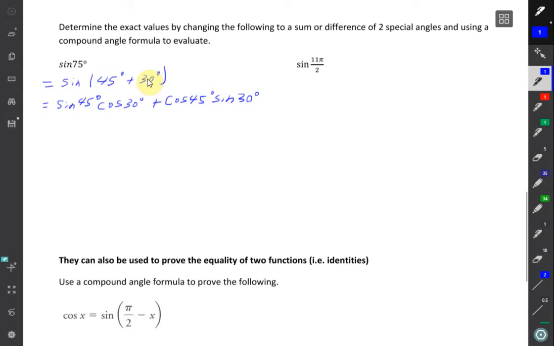Our special triangles are the 1, 2, root 3, and the 1, 1, root 2, which is an isosceles triangle. I want to try to draw those sides very similar. I'm going to make it a little bigger so I have a little more room.